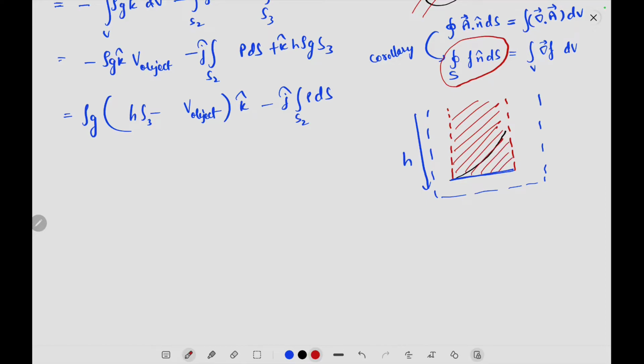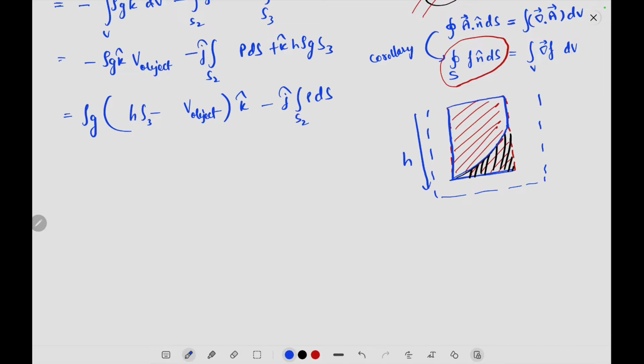Okay, and what is the volume of the object? This is the volume of the object, right? So what would be HS3 minus volume of object? This would be nothing but the volume of this part, right?